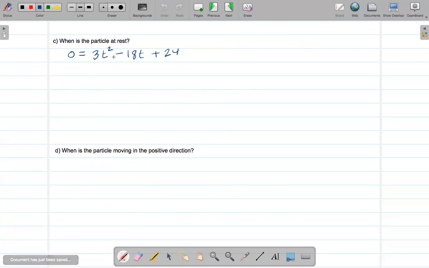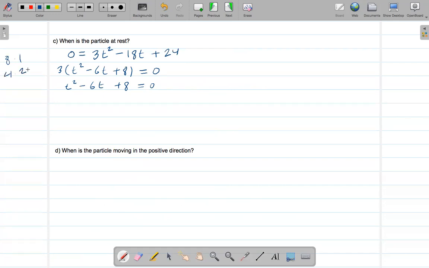Let's factor out 3 from all of this, right? Because 3 is common. When I factor out 3, I get t squared minus 6t, and then divide by 3 on both sides, so we simply get t squared minus 6t plus 8 equals 0. Since 4 times 2 is 8, I can use 4 and 2 because we have 6 in the middle.